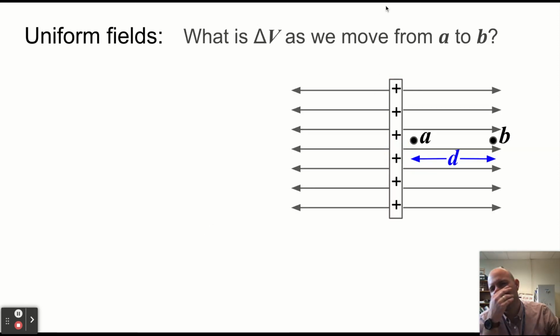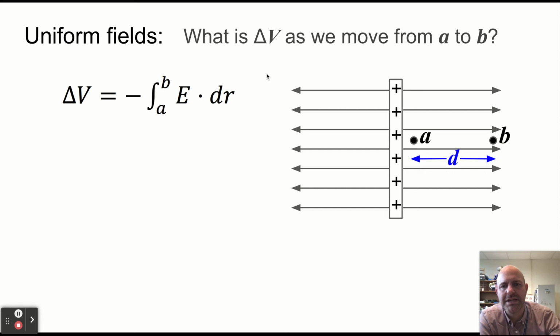And this leads us to uniform fields, which are actually a lot simpler. What is the change in potential if we move through a uniform field? Well, a uniform field is something we already know quite a bit about. We've learned that we can set them up by using a capacitor or an infinitely charged plate, which is what we usually use as our idea for one of those. And we can say that the change in potential is equal to the integral from A to B of the electric field dot dr. But what's true about the electric field here?